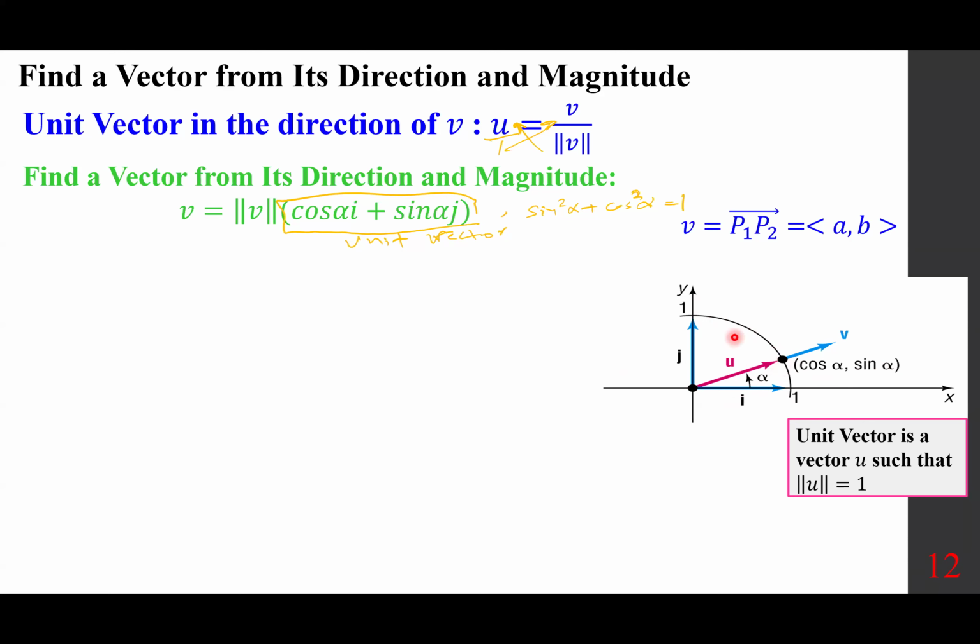If you pick any point with any angle, including this one, angle alpha, the magnitude is 1. It makes it a unit circle. Therefore, the magnitude is the square root of a squared plus b squared. u in the same direction would be the vector divided by its magnitude, and v is the product of the two.